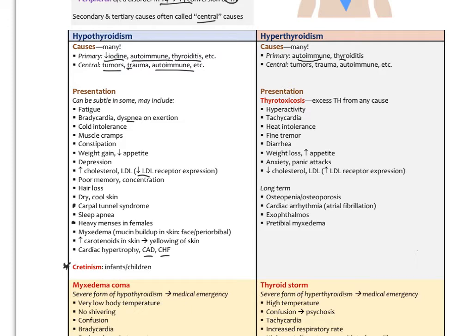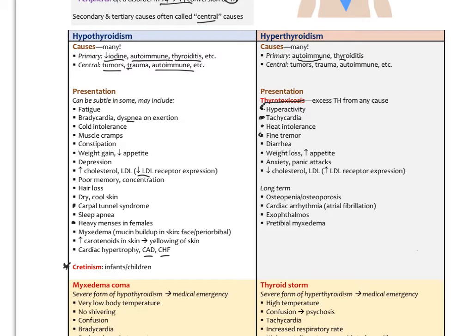The presentation: any elevation of thyroid hormone would be thyroid toxicosis, and that's from excess thyroid hormone from any cause. That could be from endogenous oversecretion or taking too much thyroid, etc. And that would cause hyperactivity, tachycardia, heat intolerance, fine tremor.